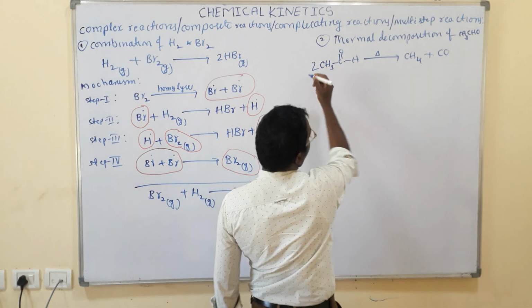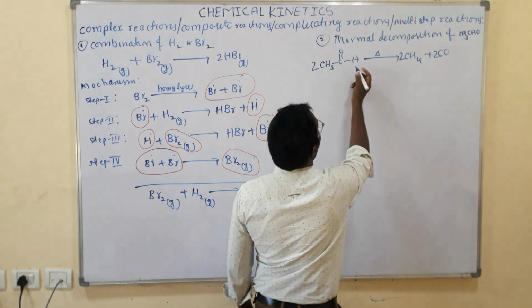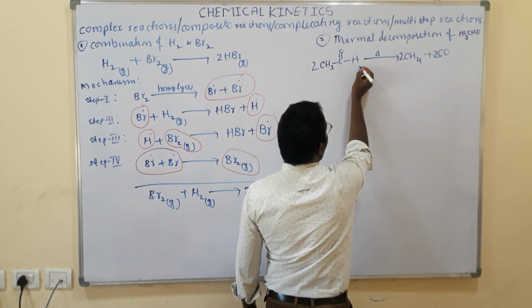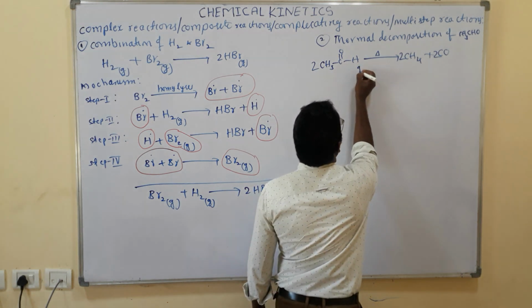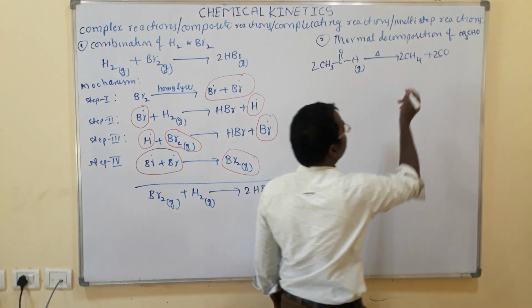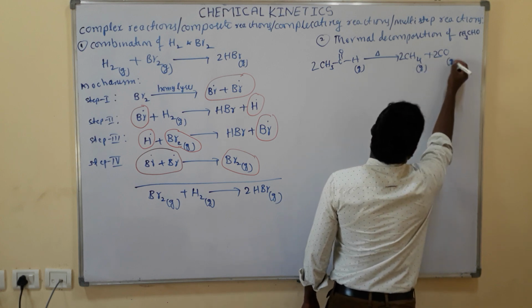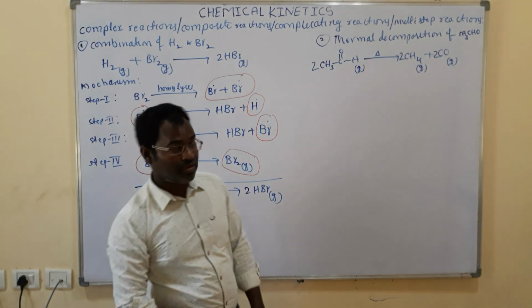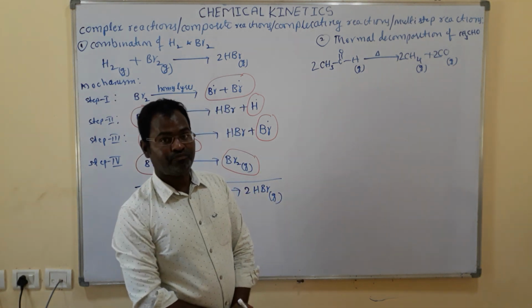It is also 2 moles. Assume it is in the gas phase. Actually, acetaldehyde is a liquid, but we are assuming it is in the gas phase because we are heating it at high temperature. So this is also gas, and this is also gas. This is the second example of a complex reaction.